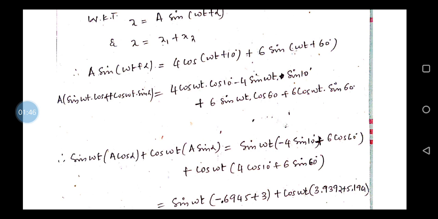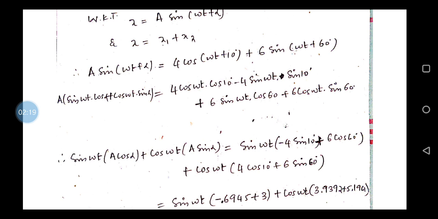Now expanding on LHS as well as RHS, we know that sine(a plus b) is given by sin a into cos b plus cos a into sin b. So accordingly, expanding A sine(omega t plus alpha), I am going to write inside the bracket as sine omega t into cos alpha plus cos omega t into sin alpha, which is equal to 4 into cos(omega t plus 10 degrees).